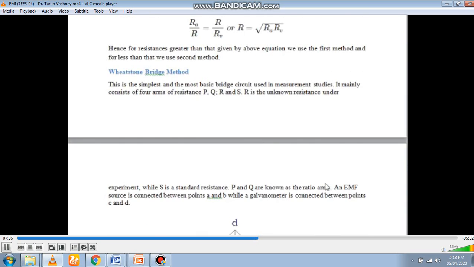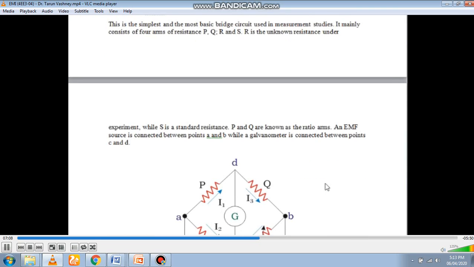Let's see the second method, the Wheatstone bridge method. This is the simplest and most basic bridge circuit which we use in measurement studies.